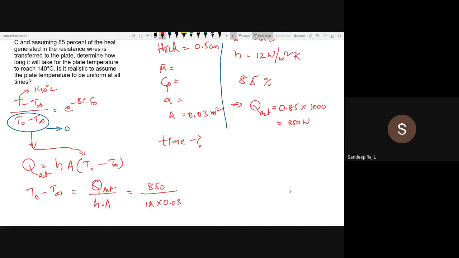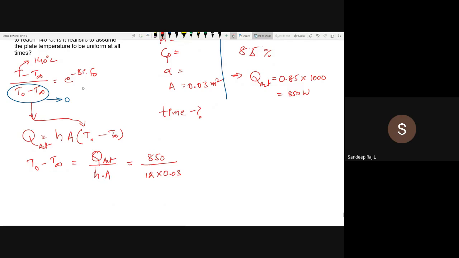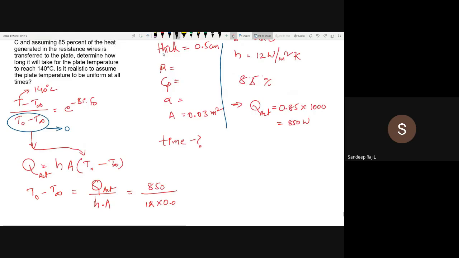Once you are done with the denominator, you can think of the remaining things now. The remaining thing is the numerator. For getting the numerator, T minus T infinity is simply 140 minus the T infinity, which is 22 degrees centigrade.